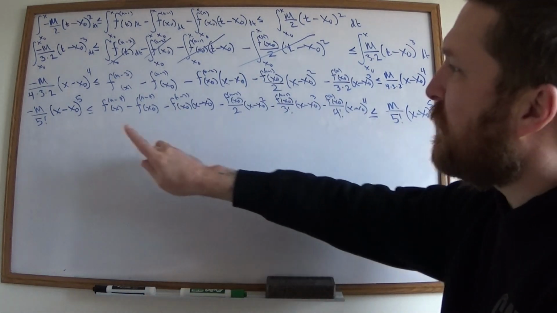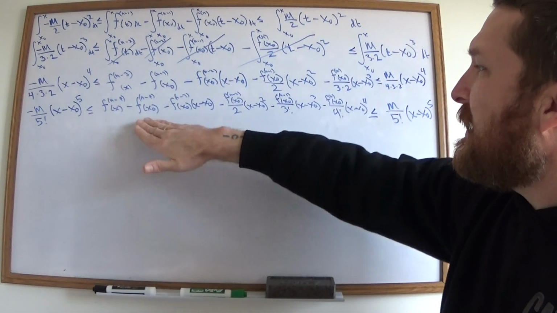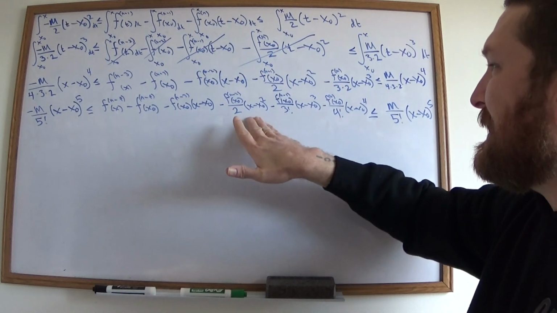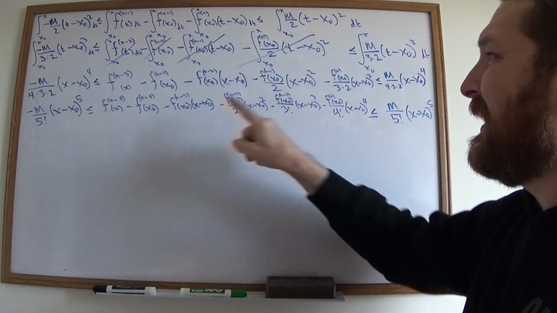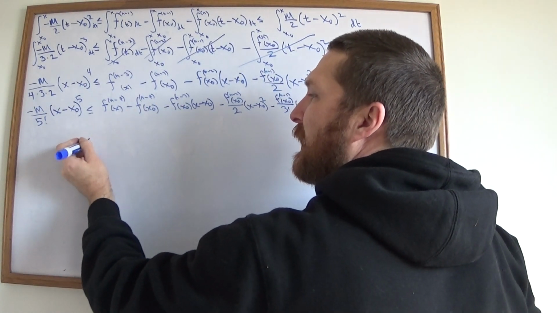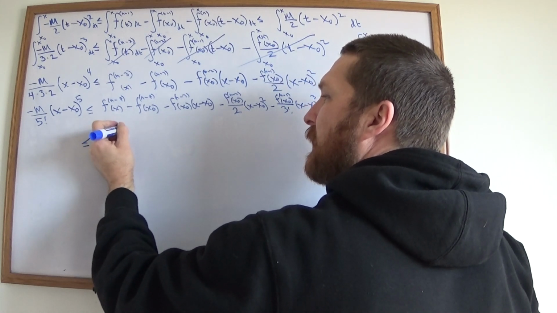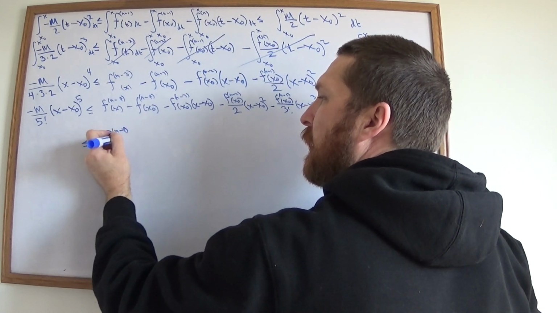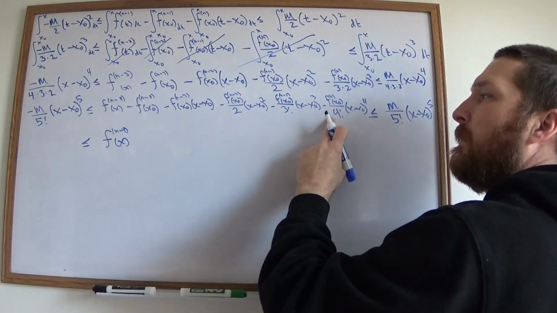Let's see. So, okay. This, in case you haven't noticed, is a Taylor series, isn't it? What I'm going to do is pull out a negative and say, okay, this is f n minus 4 at x0, minus, minus, minus, minus, minus.